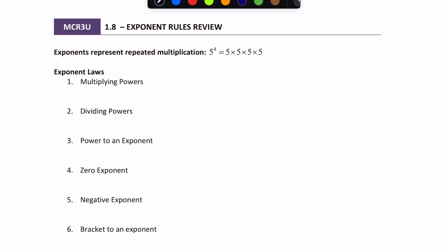So if we look at 5 to the power of 4, there's a couple important things to recognize here. This entire thing is called a power. So 5 to the power of 4, in its entirety, is a power.